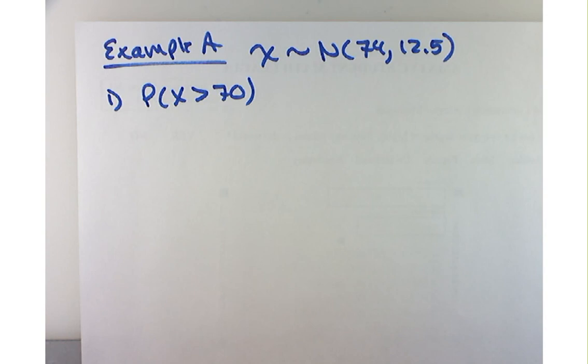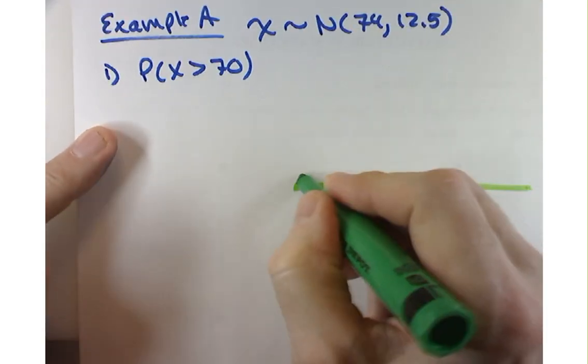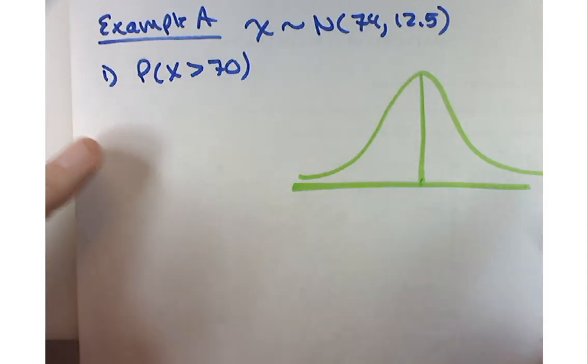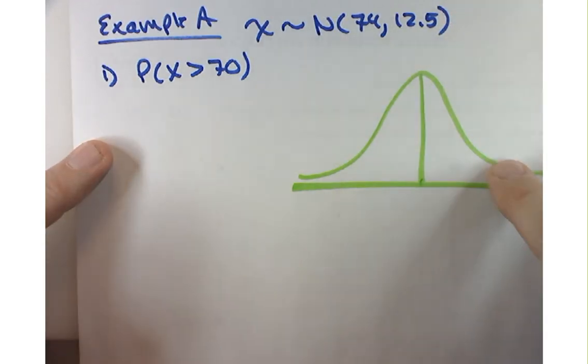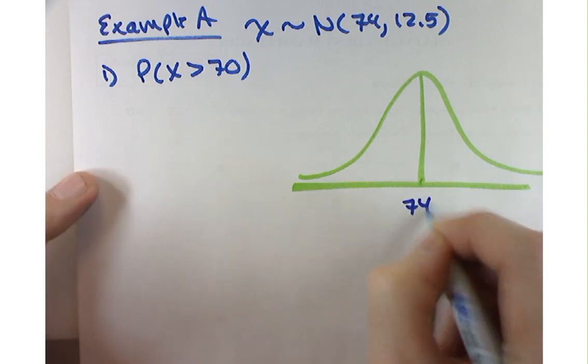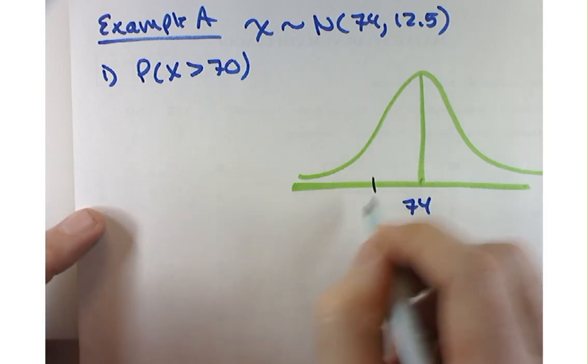Well, let's start by drawing this. So here's this distribution. What should I put here for the value at this line? 74. Awesome, thanks. Now 70 is going to be to the left of that someplace.